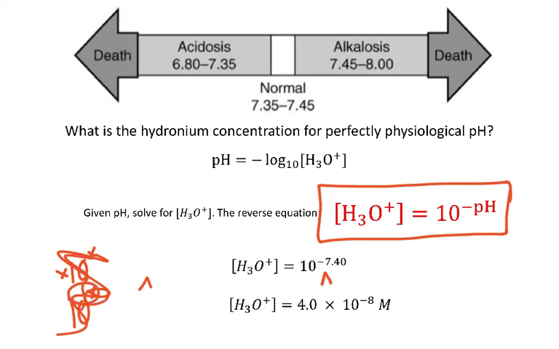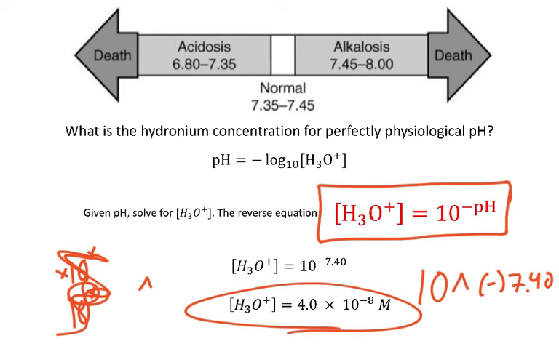So 10 caret negative 7.4, and we get a value of 4.0 times 10 to the negative 8, which seems about right. It's less acidic than pure water, so it's slightly less than 1 times 10 to the negative 7. So perfectly physiologic pH, blood has an H3O plus concentration of 4 times 10 to the negative 8 molar.